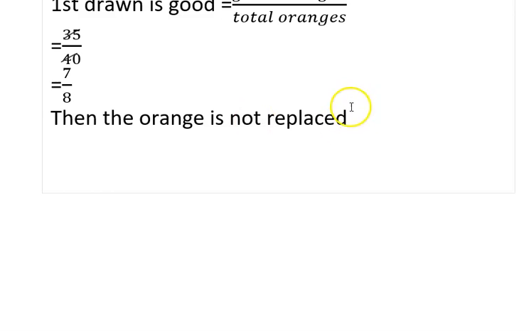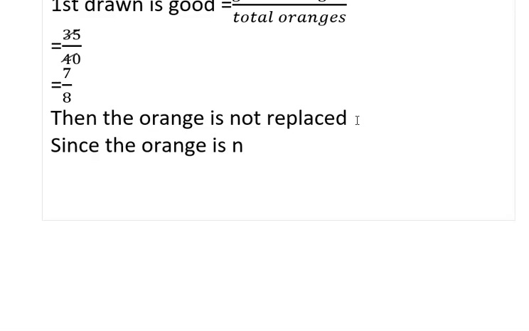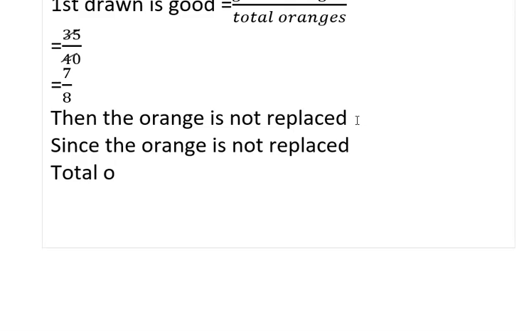So since the orange will not be replaced, the orange is not replaced, total oranges will now be, total is 40 before.